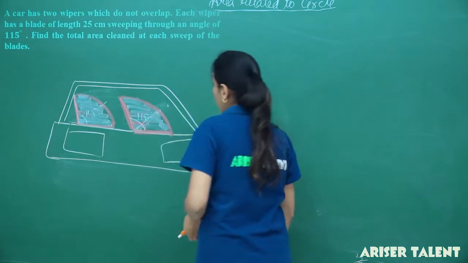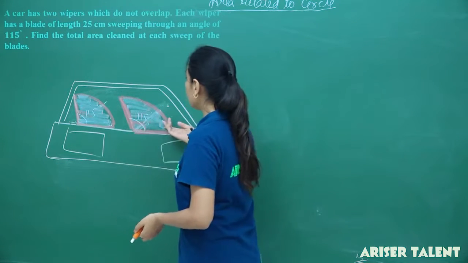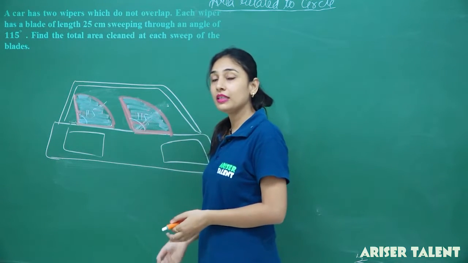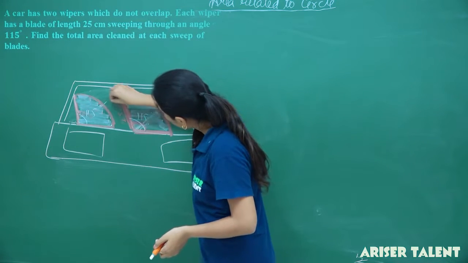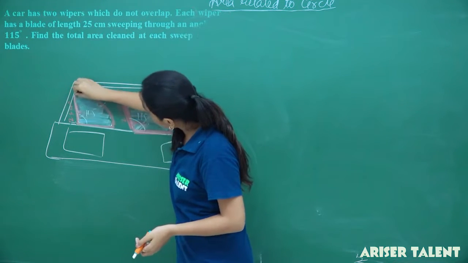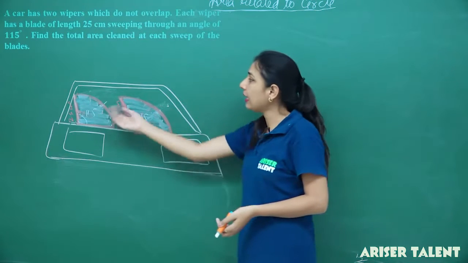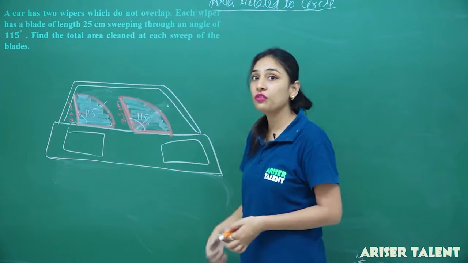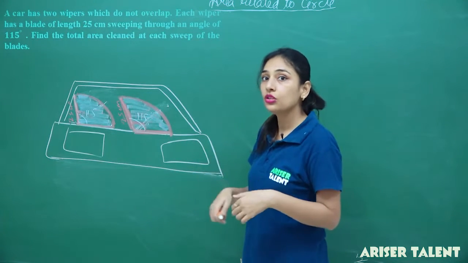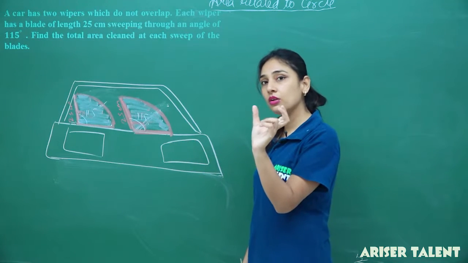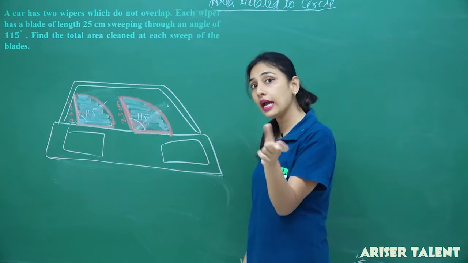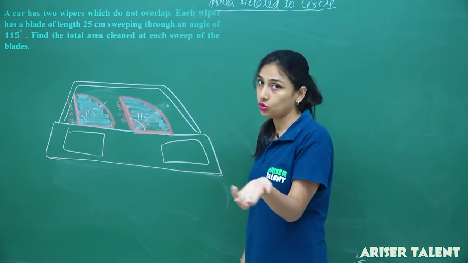So we know, because both blades are of 25 centimeters. So this is 25 centimeter blade and 115 is theta, which is the angle. So these two areas will be same. So can I only calculate one area and multiply it by 2?